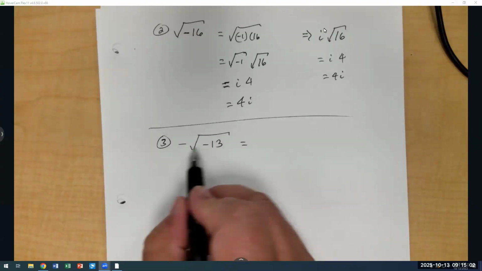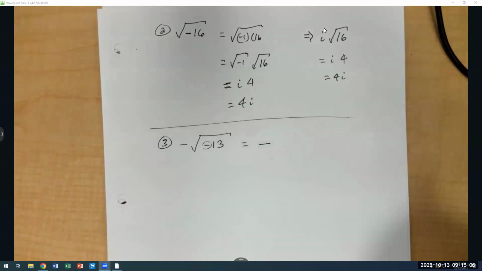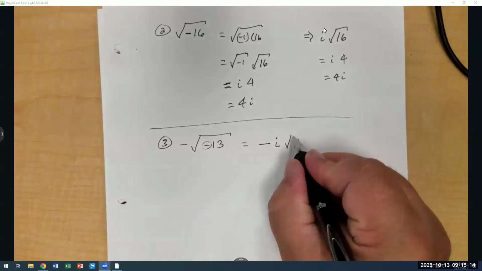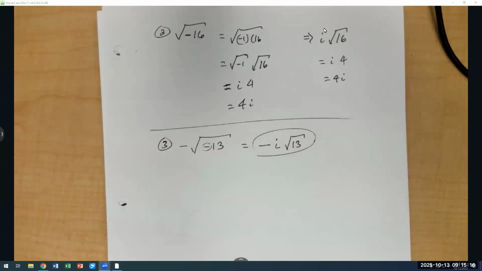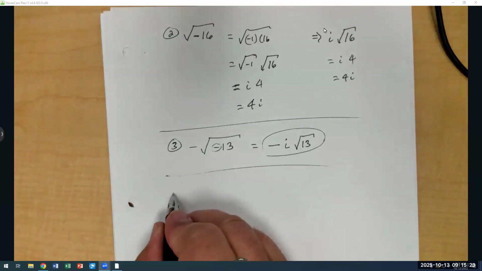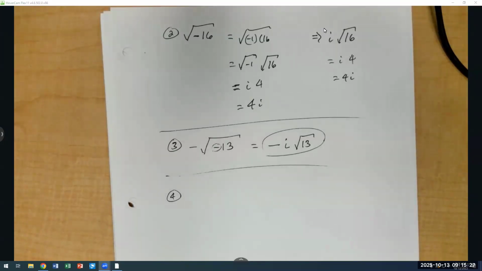No, it's out in front, so it stays there. We have a negative inside the square root. What do we do with that? Put an I in front. So what we have left is the square root of 13, and there's your answer. We can't go any further. You have negative, yeah. It's the same as a number.